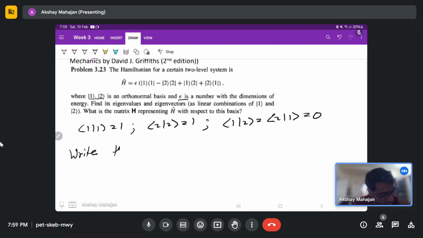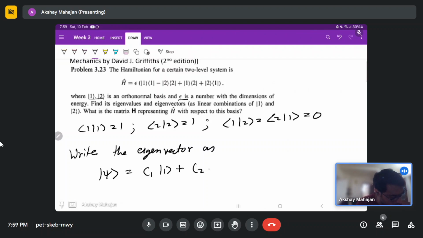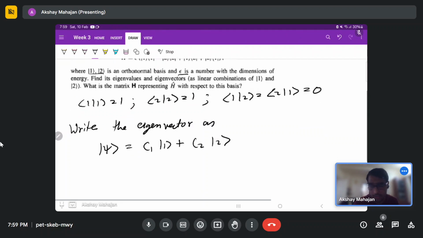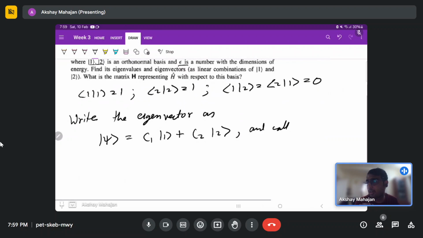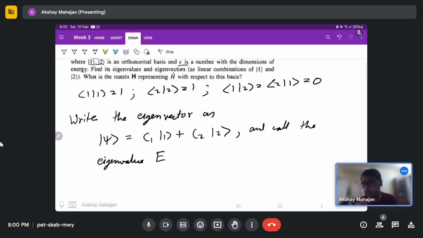So we can write the eigenvector as ket psi equals some constant C1 times ket 1 plus some constant C2 times ket 2, and call the eigenvalue E, alright, as capital E.